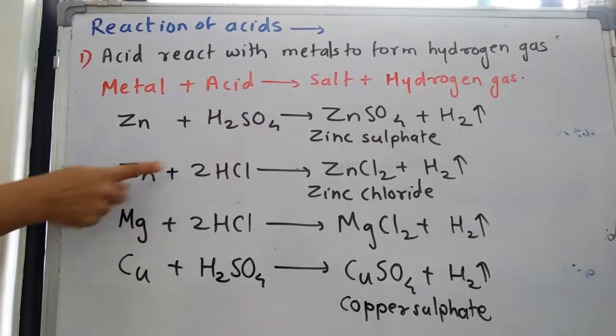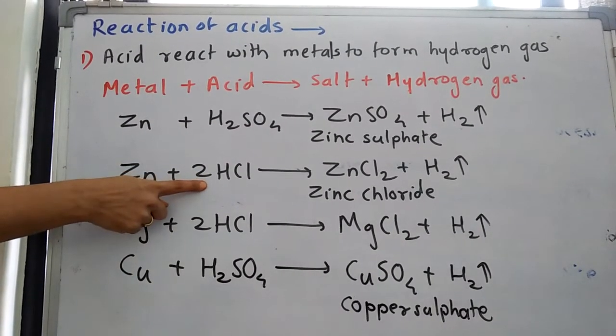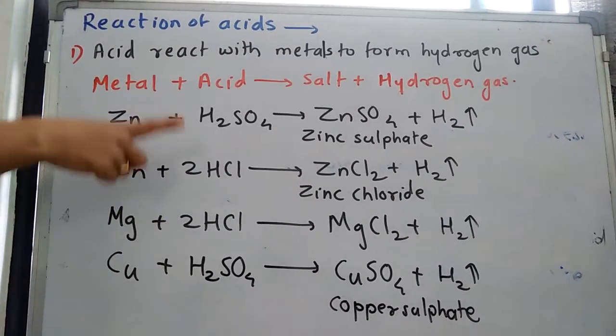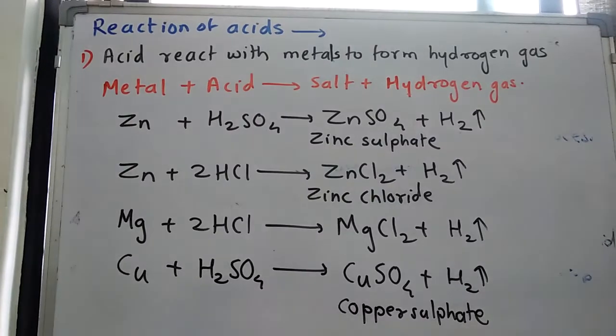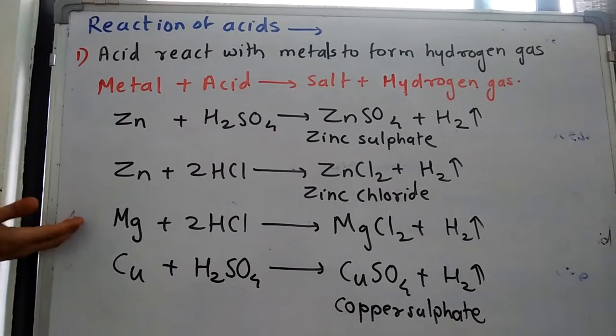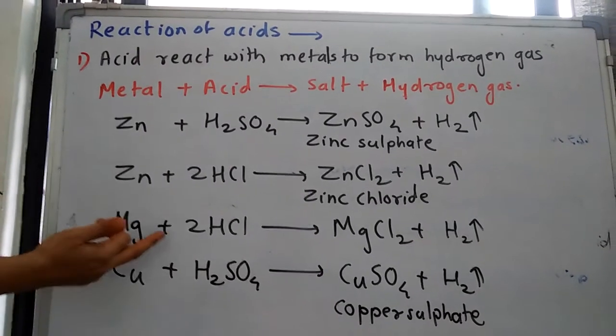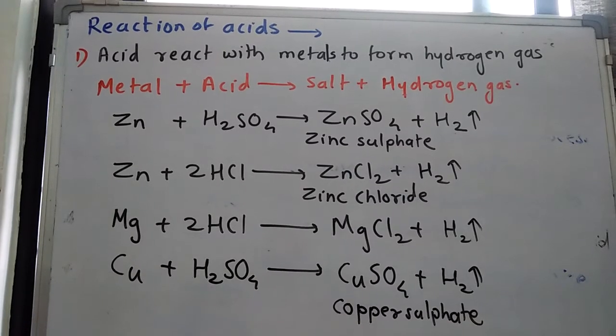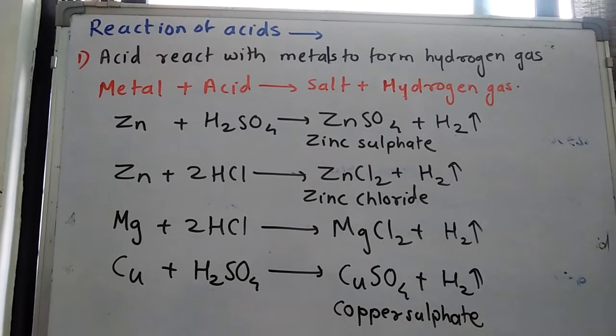Then if we change the acid, zinc reacts with hydrochloric acid. Then this zinc and the 2 Cl react with each other to give zinc chloride, ZnCl2, with liberation of hydrogen gas. If we take magnesium, magnesium reacts with 2 HCl, hydrochloric acid, and we get magnesium chloride with the liberation of hydrogen gas.